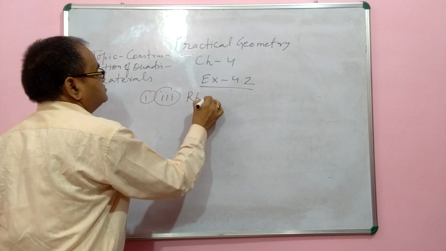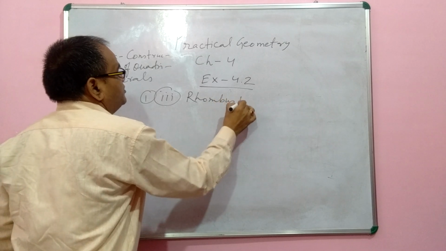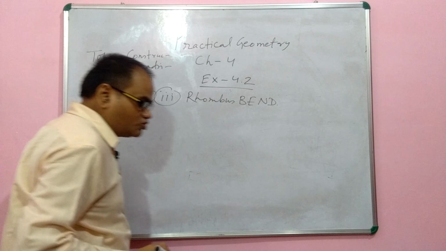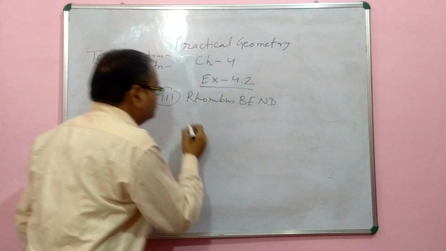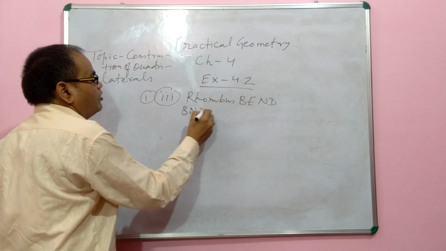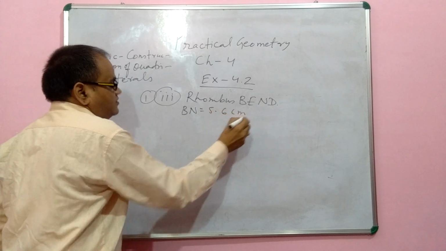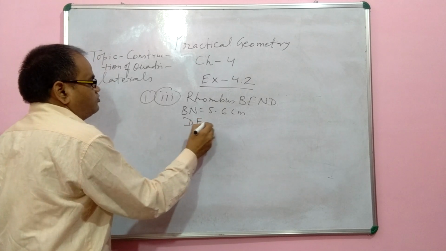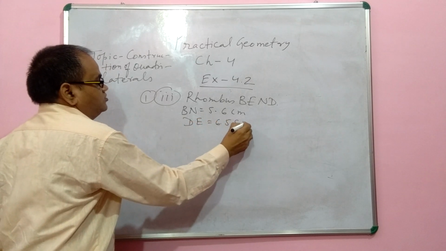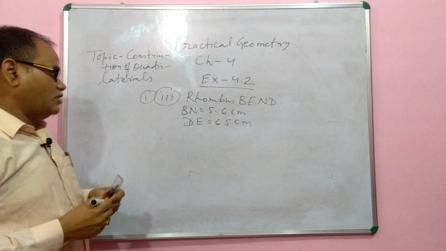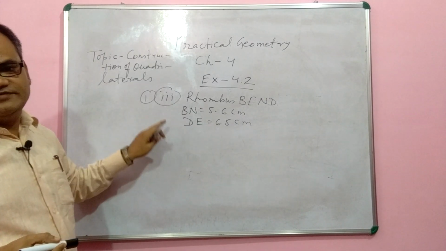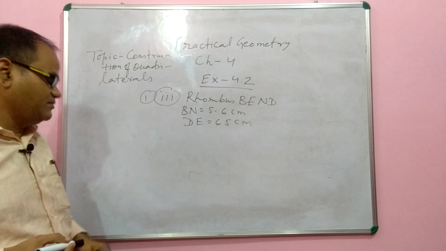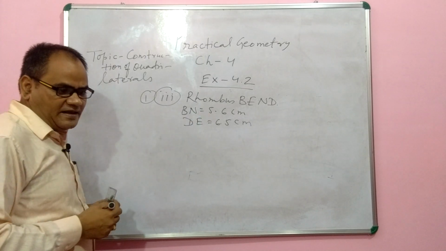You have to draw rhombus BEND, where BN equal to 5.6 centimeter and DE equal to 6.5 centimeter. Now, the lengths of only two sides are given, BN and DE. BN equal to 5.6 centimeter and DE equal to 6.5 centimeter.